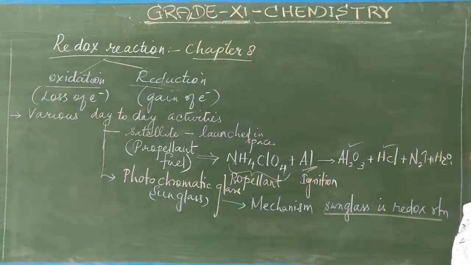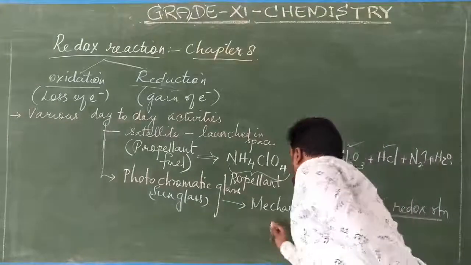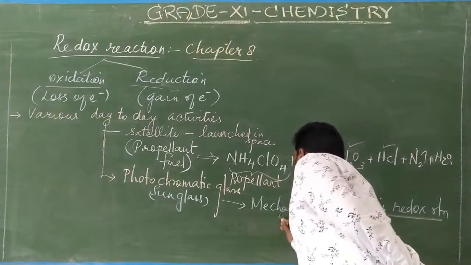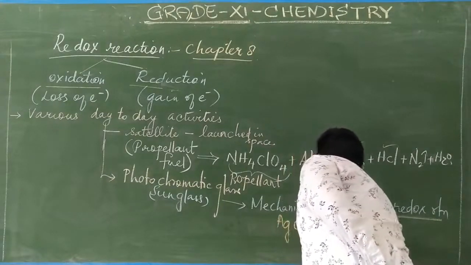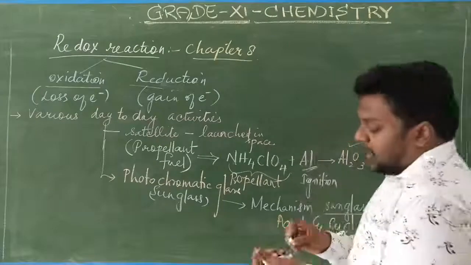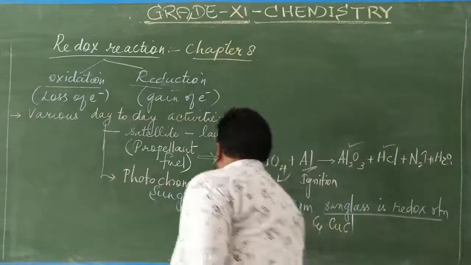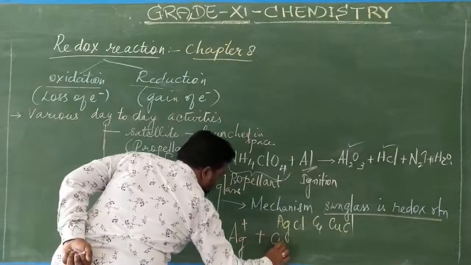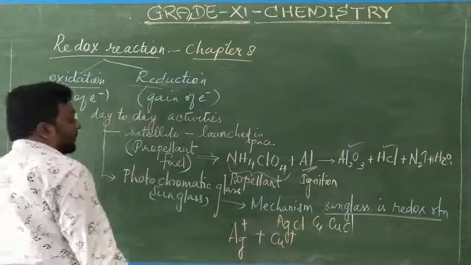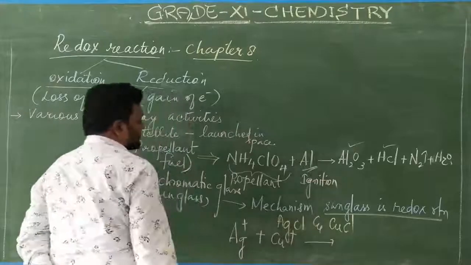Say for example, the sunglasses are made up of silver chloride and copper chloride. Now what happens here is this silver chloride plus the copper ion will react.